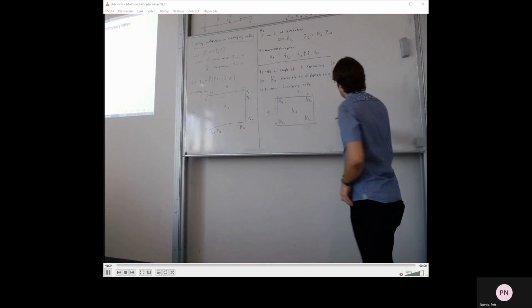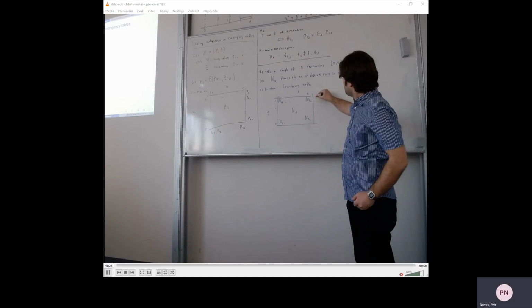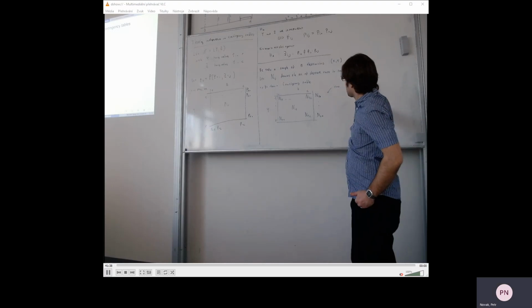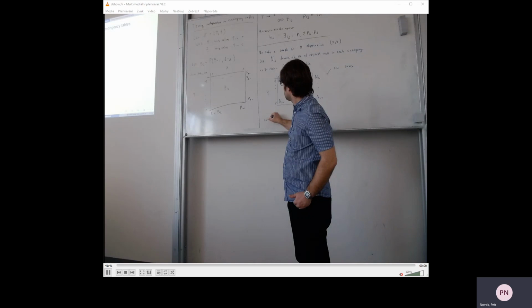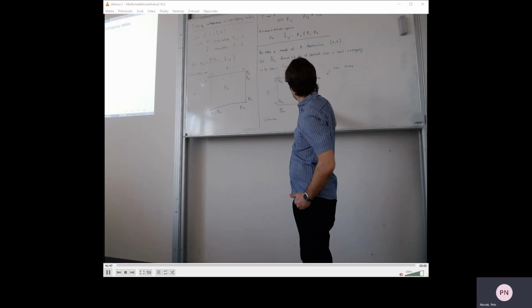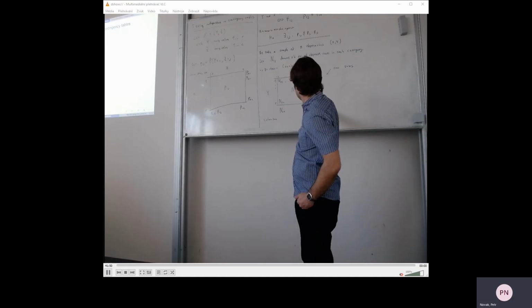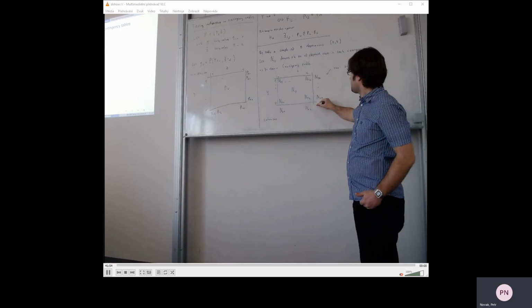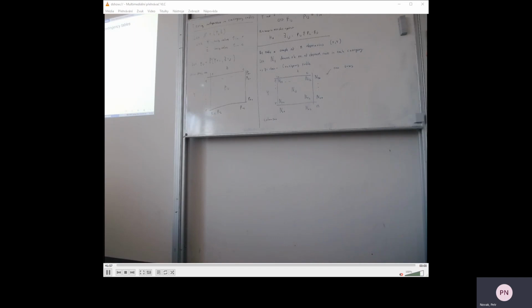So here we take row sums and column sums representing the number of cases in each of the marginal categories. And altogether, the number of cases needs to be equal to n.